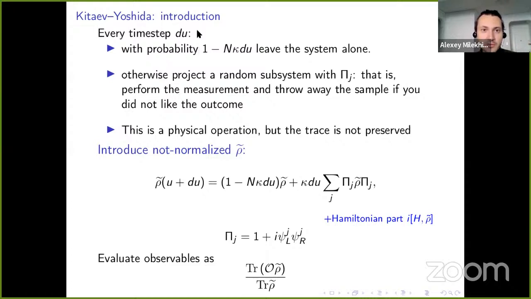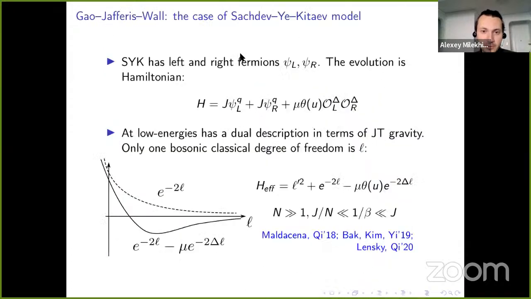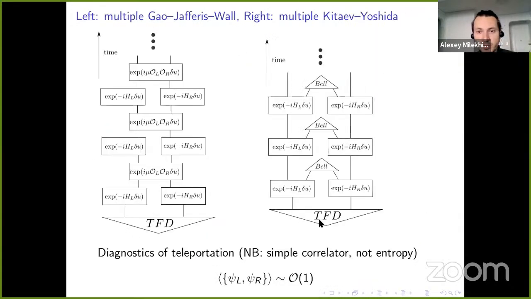So you consider some time step du, and with this probability, you just leave your system alone. You don't do anything. This defines this parameter kappa. So this is now this Kitaev-Yoshida protocol when I do projection on the Bell state on the left and on the right.